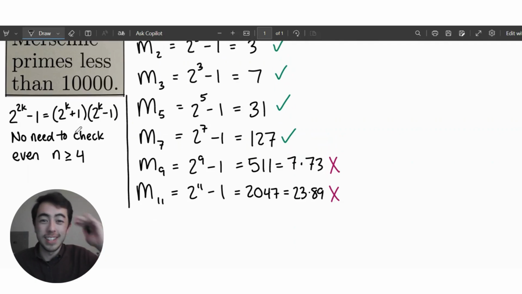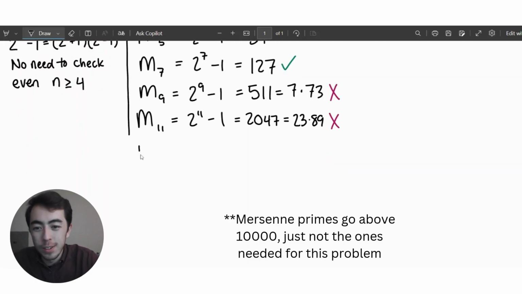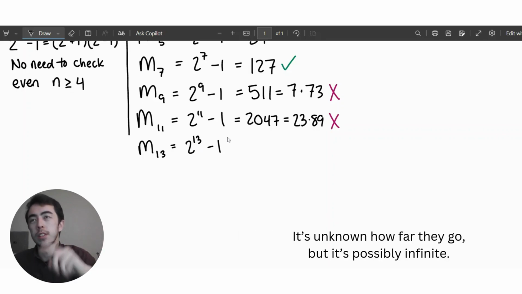Fortunately, our search is capped, as in these Mersenne primes can't be greater than 10,000. So M13, the 13th Mersenne number to check whether or not it's prime, will be 2 to the 13 minus 1. Let's see, 2048 doubles to 4,096.